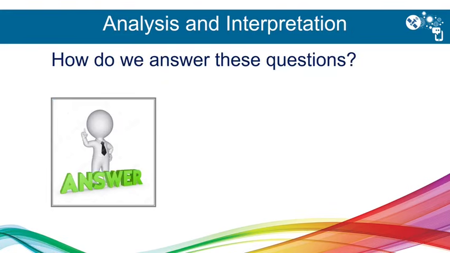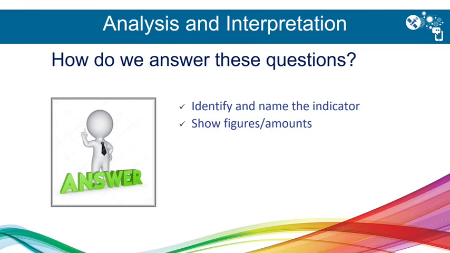How do we answer these questions in a test or exam? First, you identify and name the indicator. On the formula sheet, it will not say asset test ratio. You have to identify and name the indicator. Then always, always, always show figures, amounts, ratios, percentages.